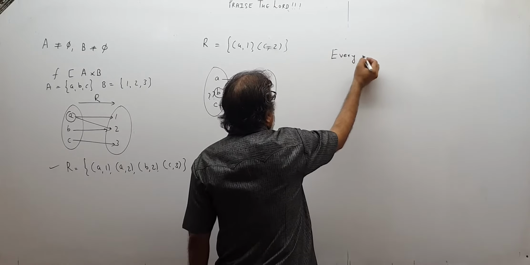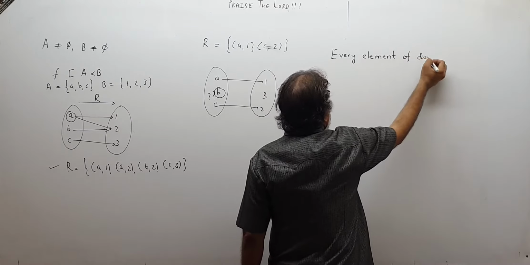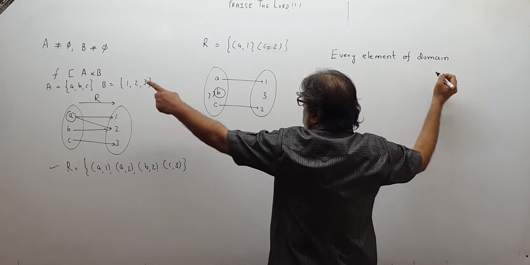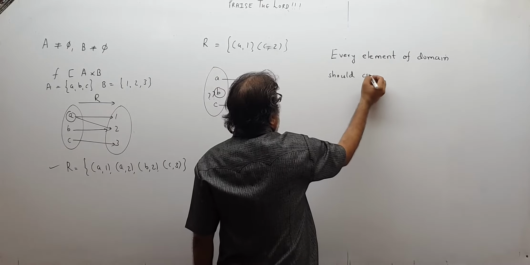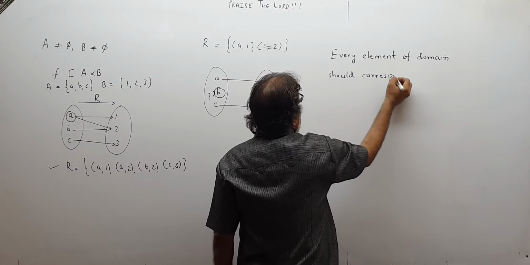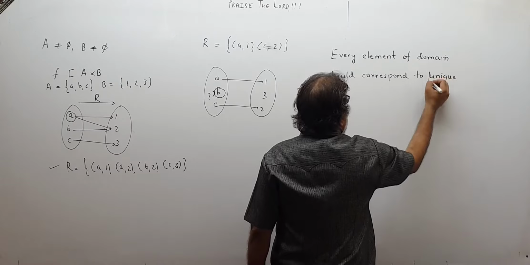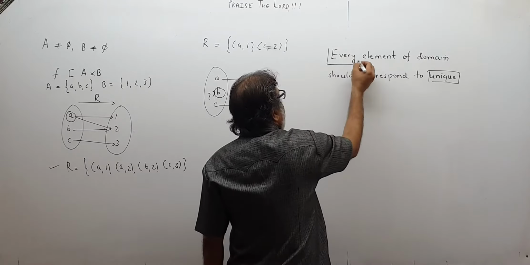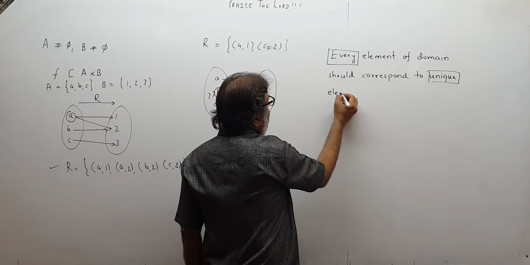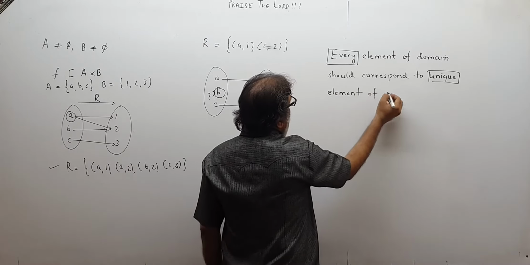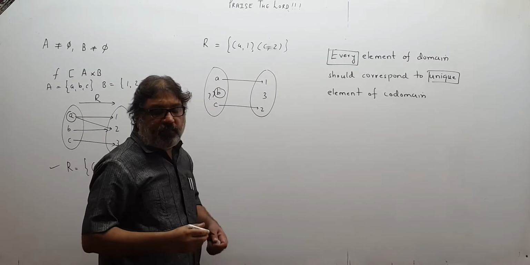Every element of the domain, meaning set A, should correspond to a unique element. These two words, "every" and "unique", are important. Every element of the domain should correspond to a unique element of the codomain. Then only the relation can be called a function, otherwise no.